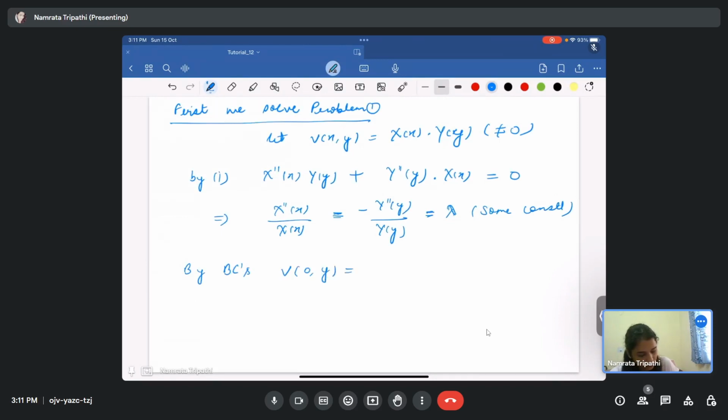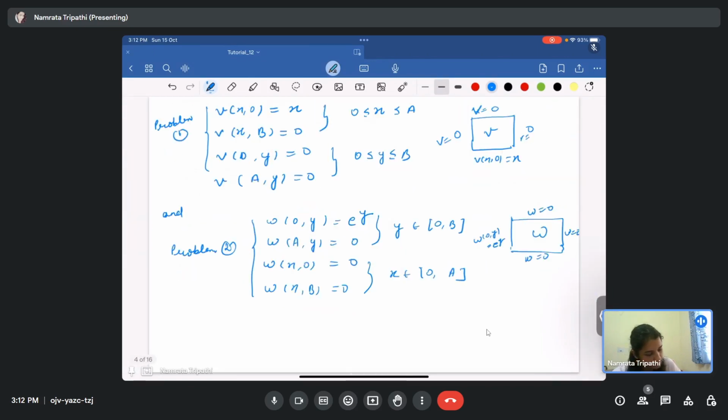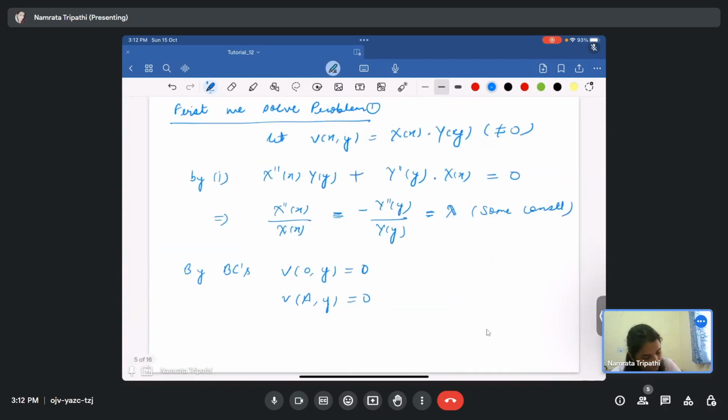v(0,y) will use, not first, we'll use the last two boundary conditions, for all y. From here, if you put x equals 0 from one and from another, you will get this boundary condition.